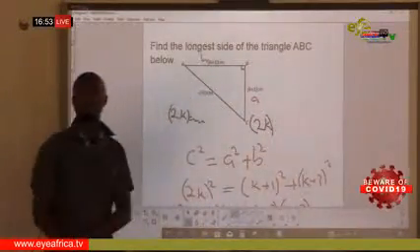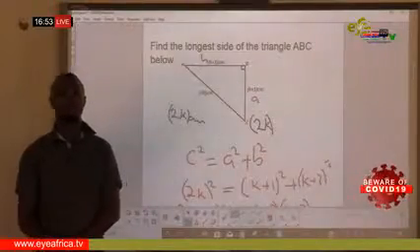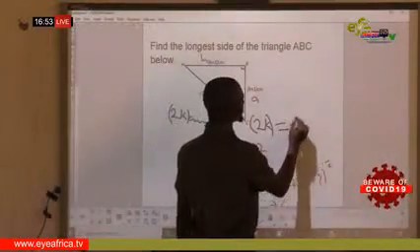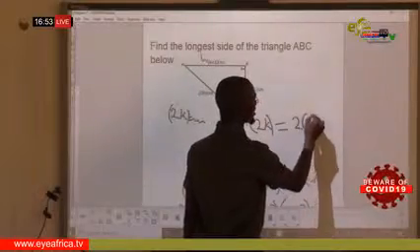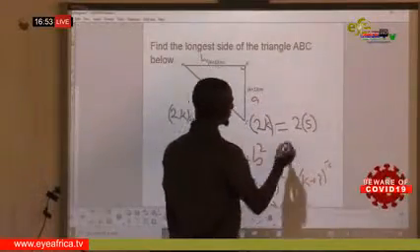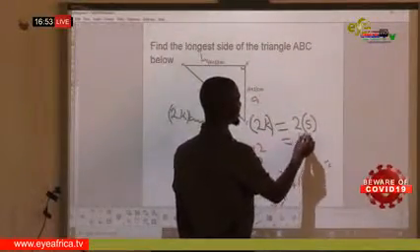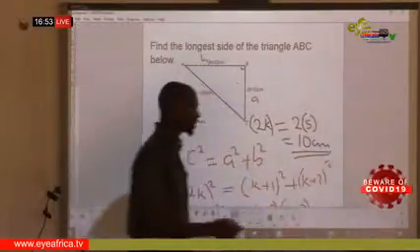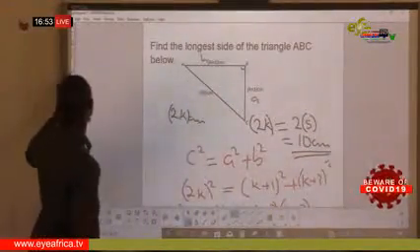And when we solve for the value of k, what do we have? 5. So our longest side is going to be 2 times 5, which is 10 centimeter. So we are asked to find the longest side. Therefore, the longest side is 10 centimeter.